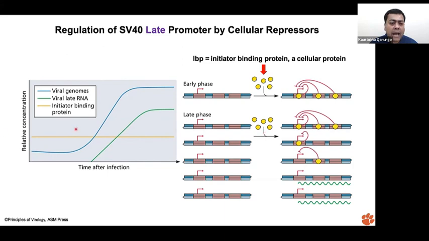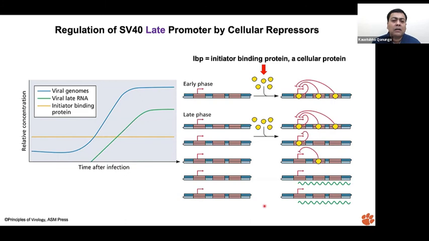As the amount of IBP is steady, it will be titrated out, not enough IBP to bind, so it will do the transcription of the late genes. And this is basically what is called the escape from repression, or anti-repression. The increase in the amount of the viral genome actually does this process.